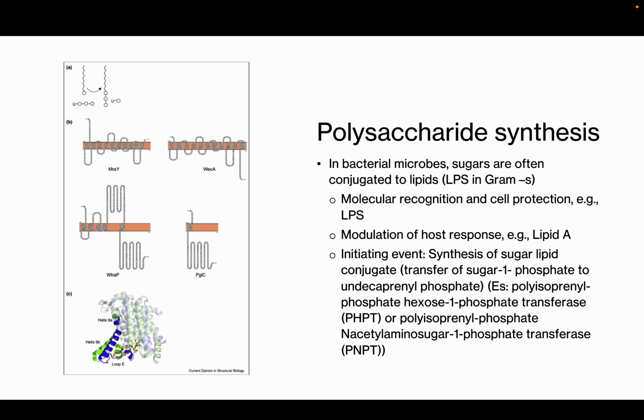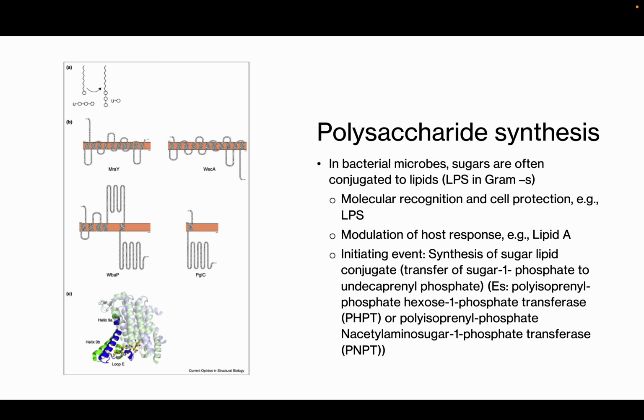Now let's talk about the last topic on primary metabolism, polysaccharide synthesis. For the most part, polysaccharides exist as conjugates. They are conjugated to a lipid molecule.